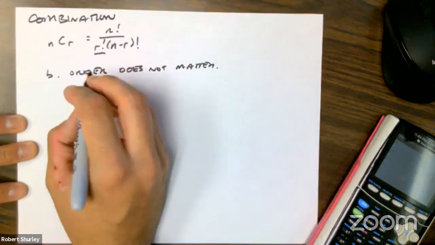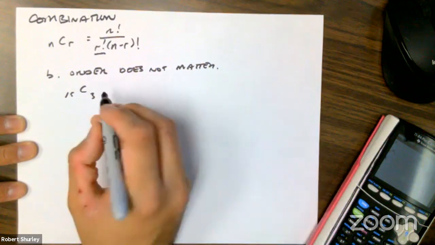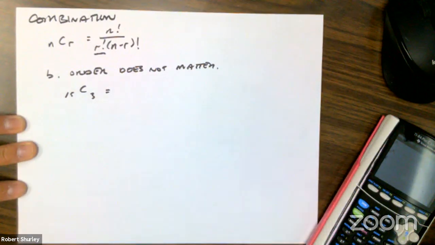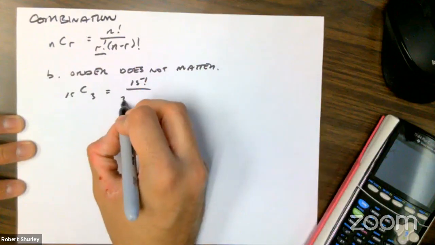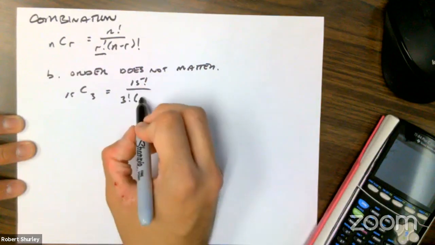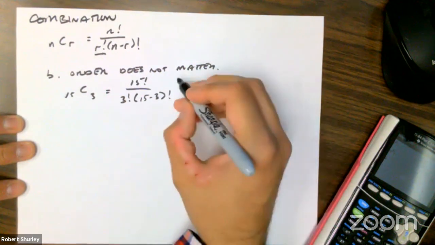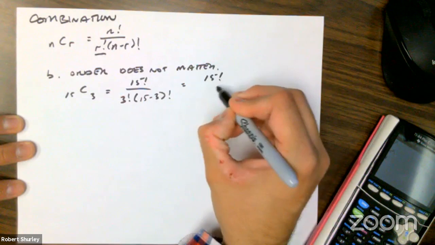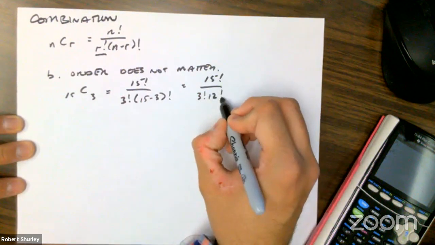Now remember, we had 15 flavors. We're choosing 3 for the cone. So this is going to be 15 factorial over 3 factorial times 15 minus 3 factorial. So we wind up with 15 factorial over 3 factorial times 12 factorial.